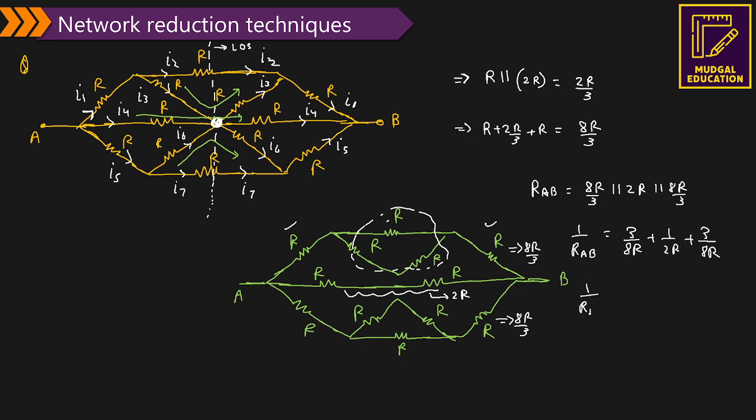So 1 upon R AB becomes 6 plus 4 plus 6 over 8R, which is 10 by 8R. So finally the resistance AB is 8R by 10, or I can say 0.8R is the right answer.